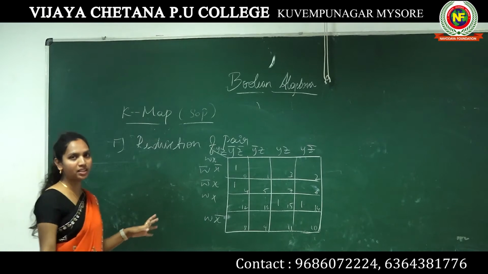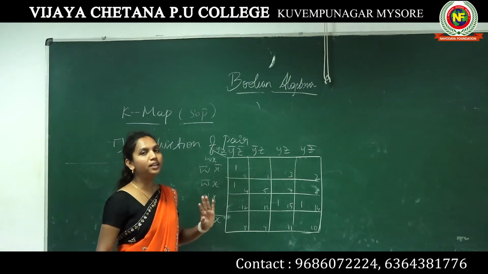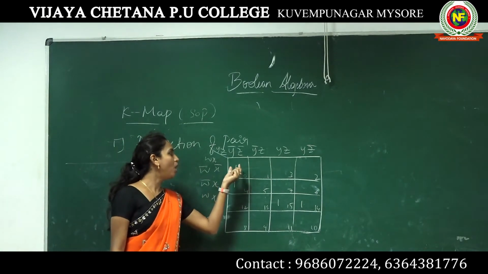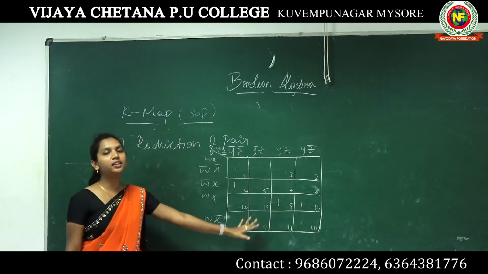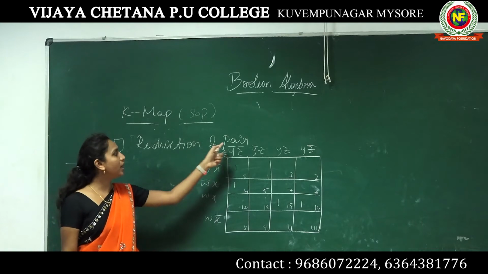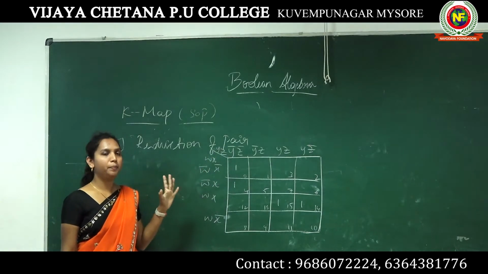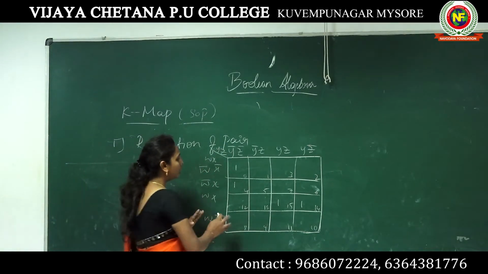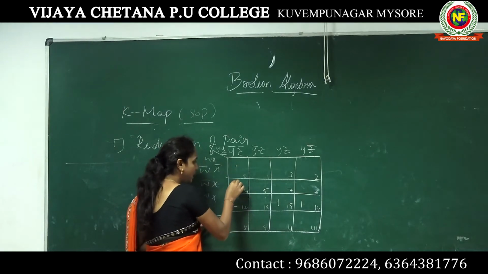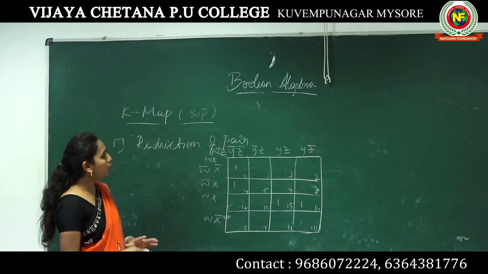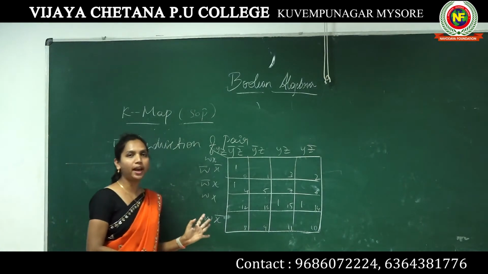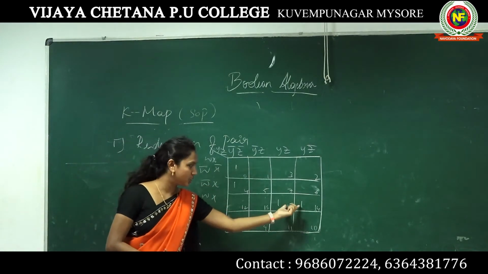I am just giving the example. In a later topic you will get to know how the one comes here. I am just taking the example to solve the pair. How to solve the pair? Just consider the one is here and here also. Now, when you look at this problem, you will see we have two pairs, right?